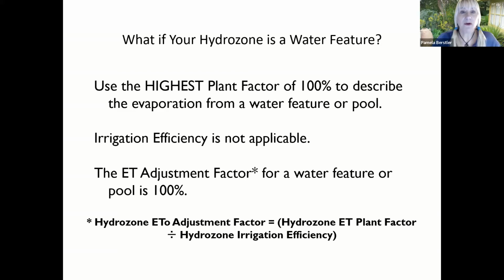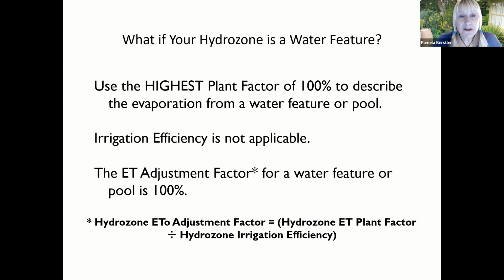So when you have a water feature in your design, you're going to assign a plant factor of 100% to it. And is there a distribution uniformity there? No, no distribution uniformity. It's just plant factor. So you could say, okay, it's distribution uniformity of 100%. So your plant factor is 100%, your distribution uniformity is 100%.